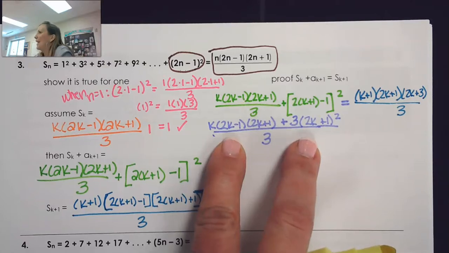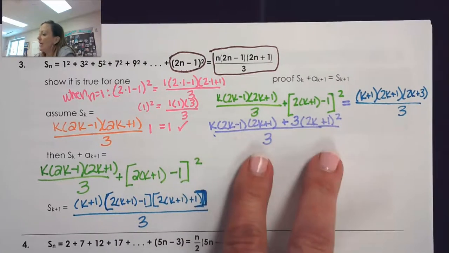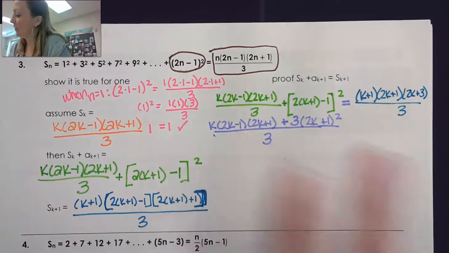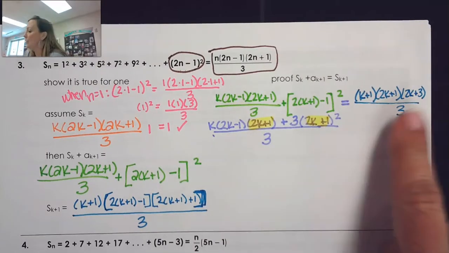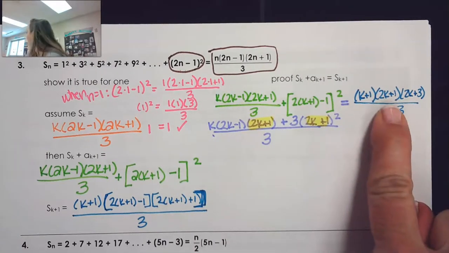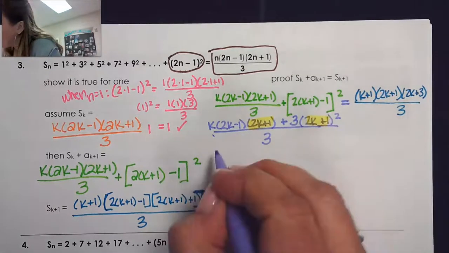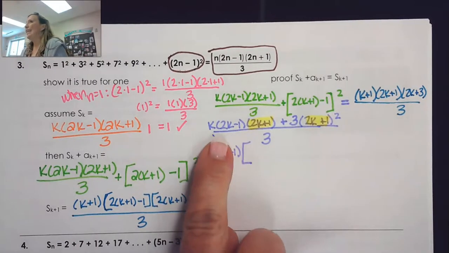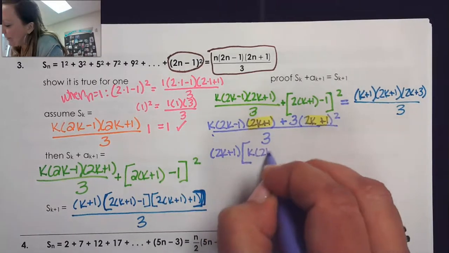This is where I'm like, maybe I could use that common factor thing to pull out. Is there a common factor that I could pull out? What is it? 2k plus 1. And that behooves us because do you see how 2k plus 1 is one of the factors we want here? So that's kind of a nice thing. So let's pull out a 2k plus 1. So then here I'm left with k times 2k minus 1.